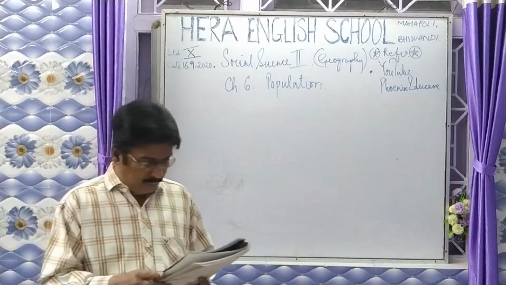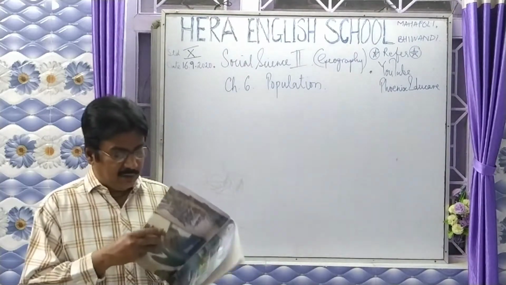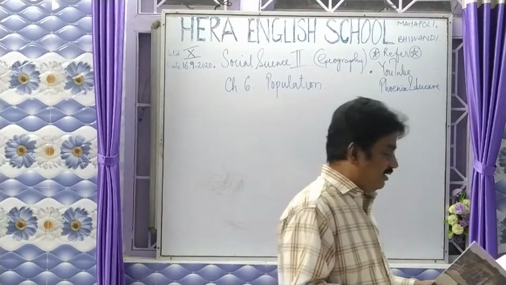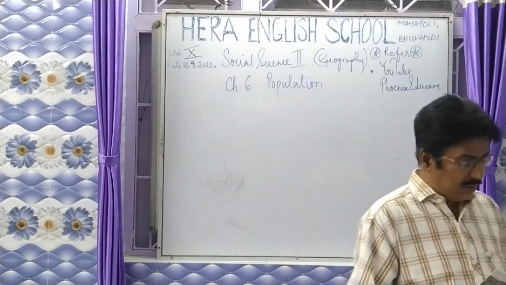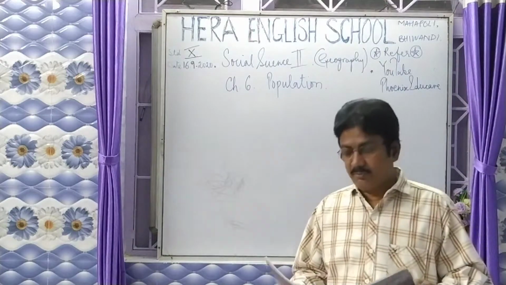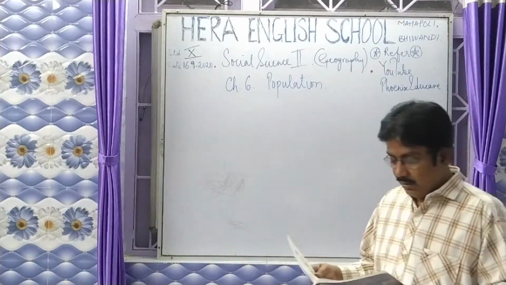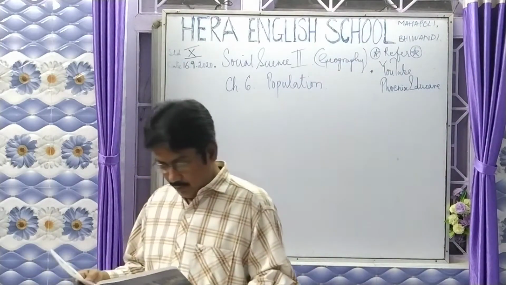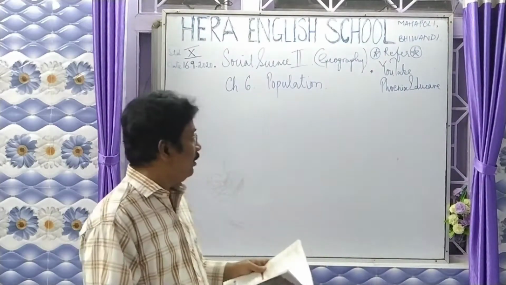So if you look at the graphs in a scrutinizing manner, you can see both graphs, sex ratios on page number 40 and age and sex pyramid on page number 41. The graph is very easy to understand if you read through your textbook and refer to any of your reference books you have.